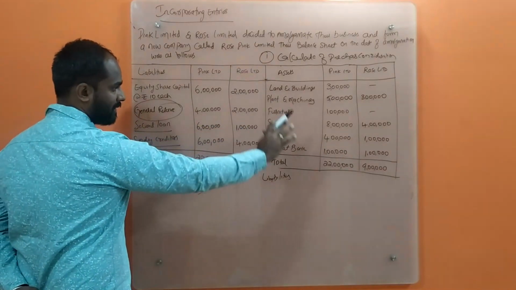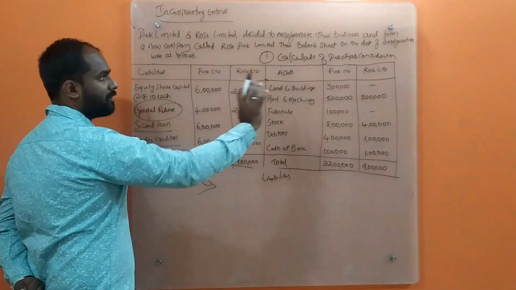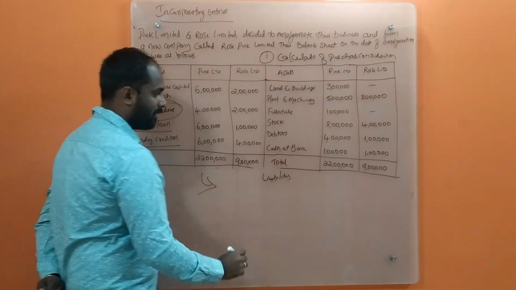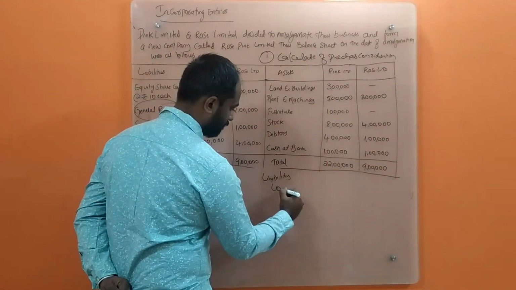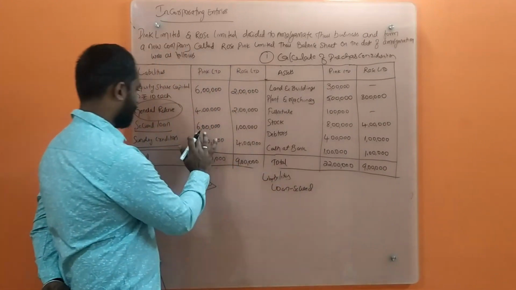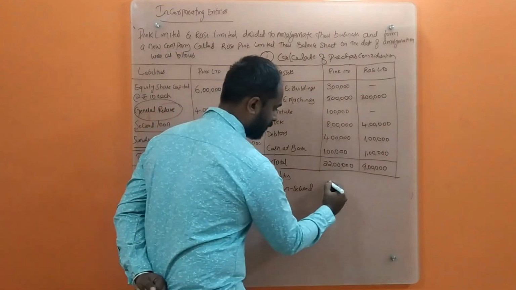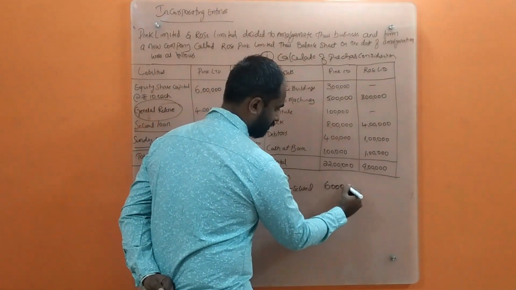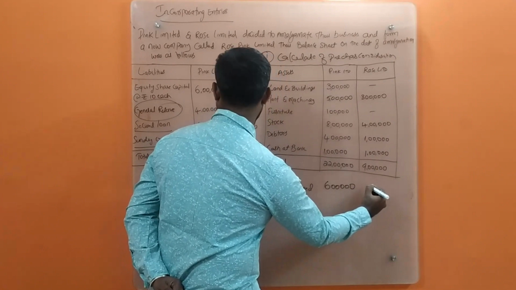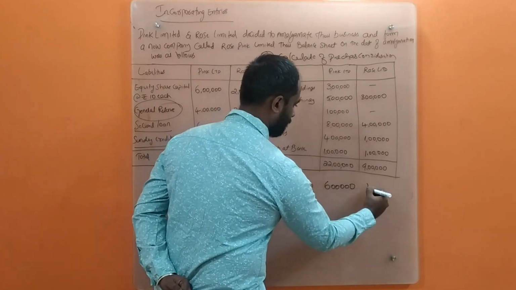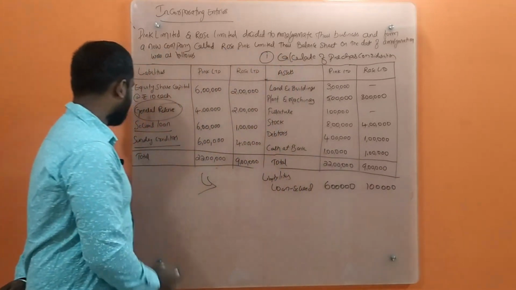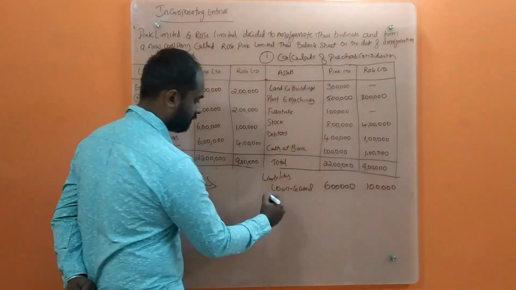So total of asset is this. This calculation of purchase consideration is under the net asset method. So in liabilities, what am I going to take? Secured loan. How much do I have? 6 lakh and 1 lakh. I'll put it here. Second item, sundry creditors.